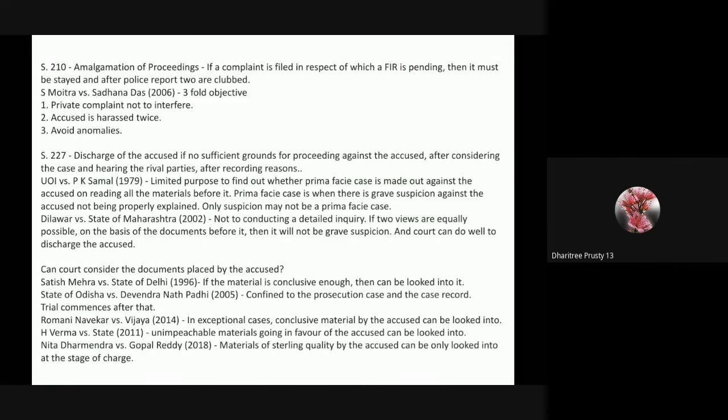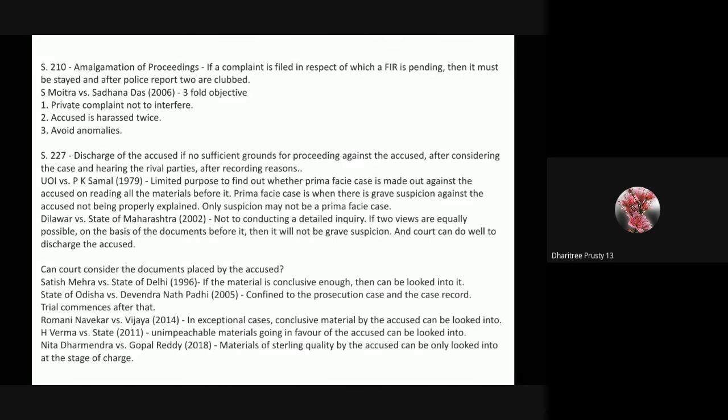If an FIR is brought when a complaint is already sub judice, in that case also the magistrate can make sure that those are joined together and tried together. This is to make sure that the accused is not harassed twice and anomalies are avoided, and the private complaint will not usually interfere in the police report, or the public complaint, as the case may be.